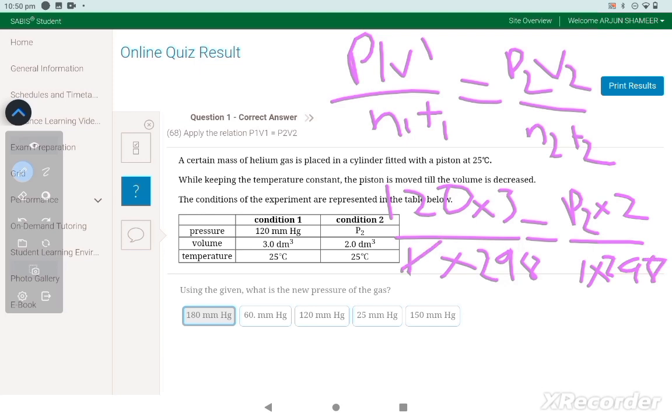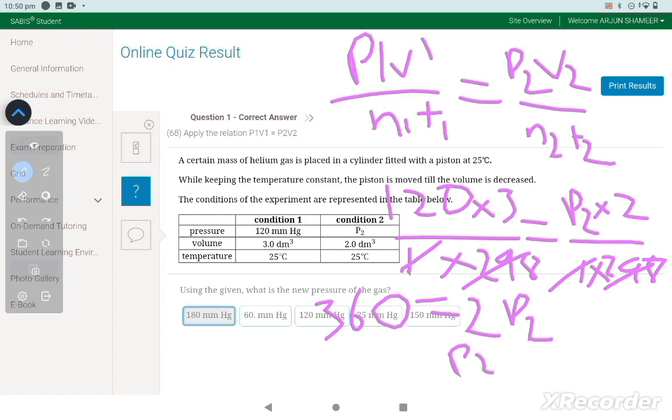We can cancel out the moles because it's in the same container, so it stays the same. 298 as well, it's constant. Now we just do 360 is equal to 2P2, so P2 is equal to 180.